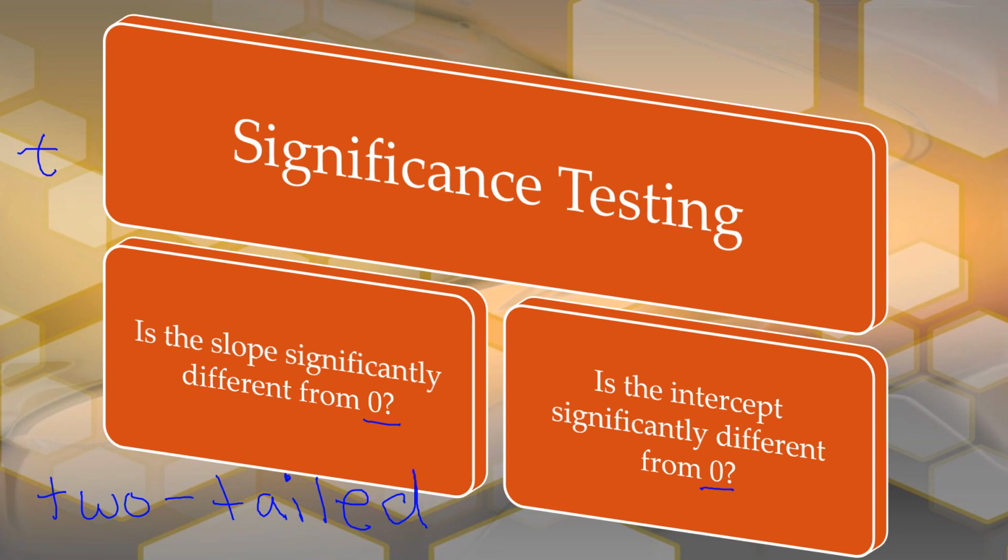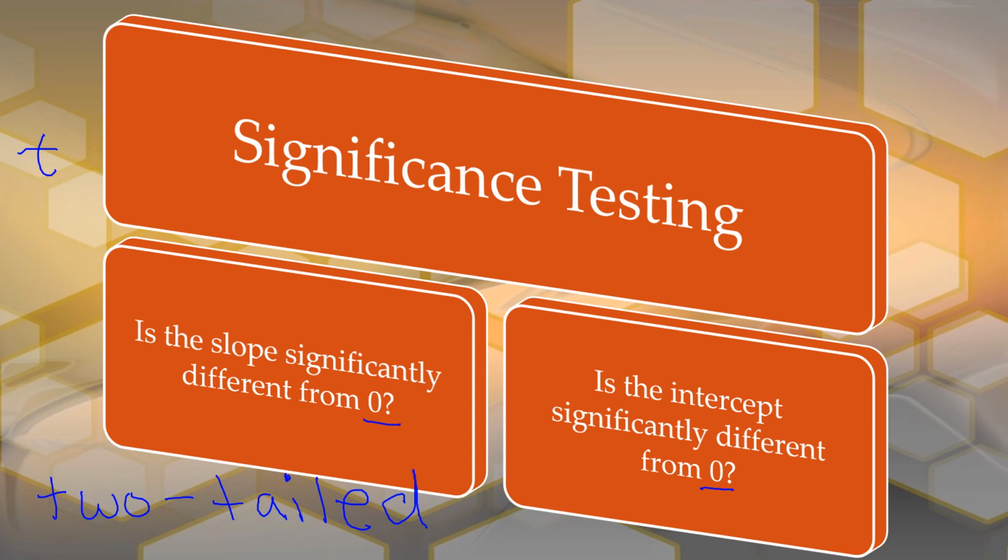And so if the slope is significantly different from 0, it just means that there is a relationship between the two variables, just like in correlations. Okay? And if the intercept is significantly different from 0, sometimes that's meaningful and sometimes it's not.